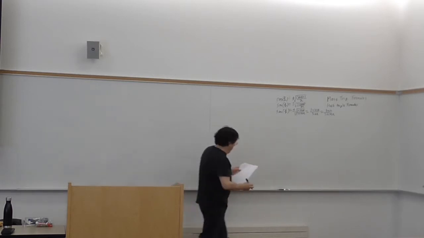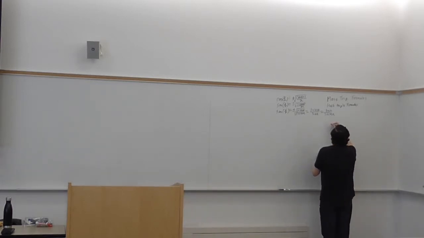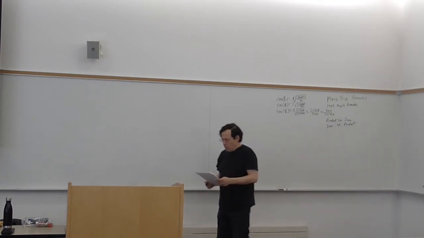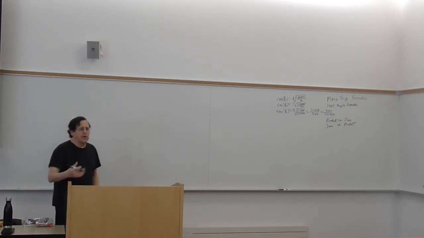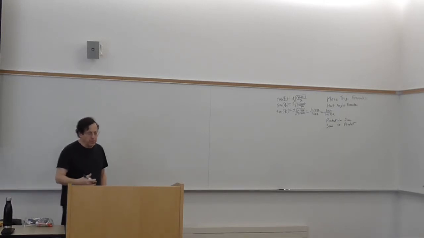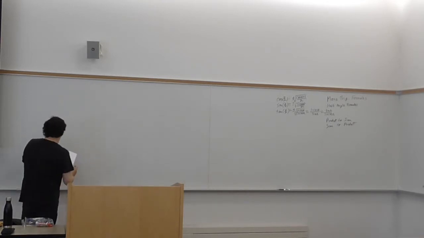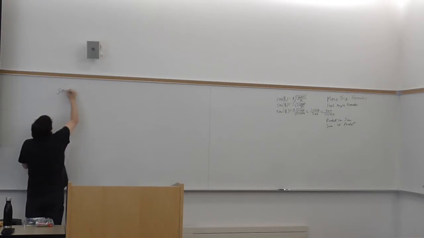we're going to try and develop a few more formulas here. Product to sum and sum to product. These are just what they sound like. We want a formula that takes a product and gives it to us just as a sum of values. So the first one we're going to look for is sine of x times cosine of y.